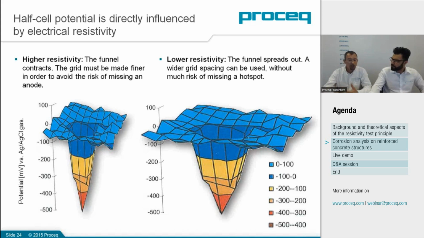On the contrary, should I measure a low resistivity in my preliminary measurement, then I will know that I can afford to go a little bit wider, because the shape of the funnel itself would be wider. So this is the first step where I would use resistivity, as an indication for optimizing my half-cell potential testing campaign.